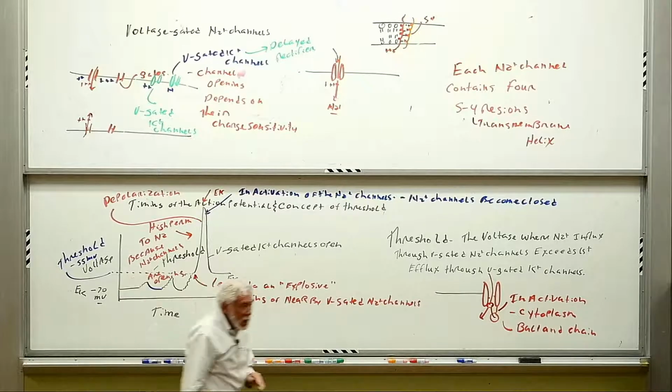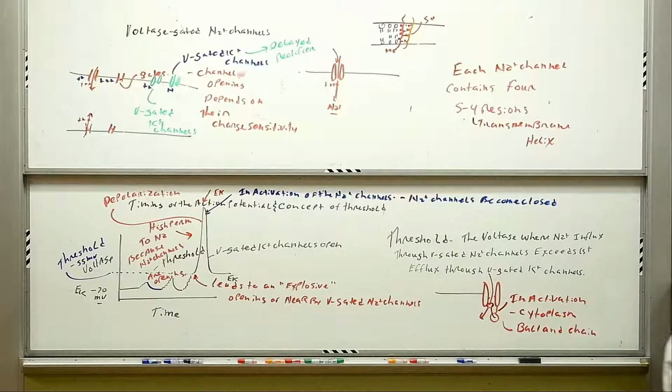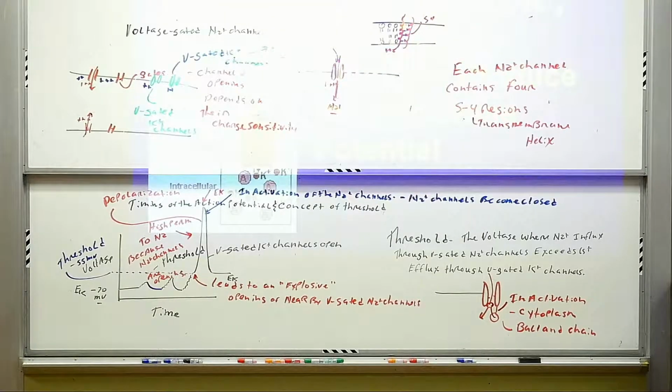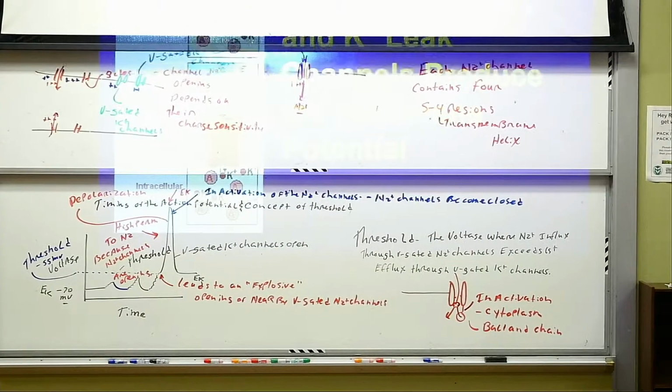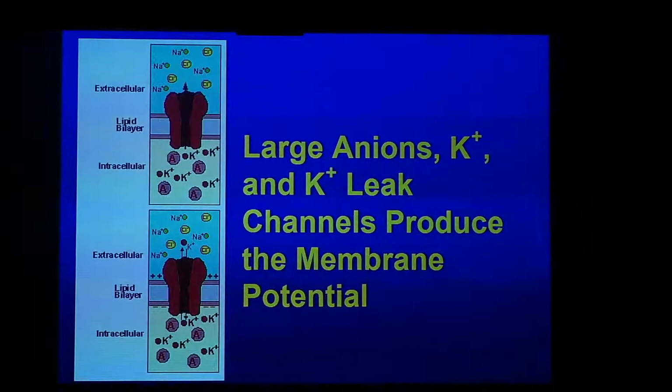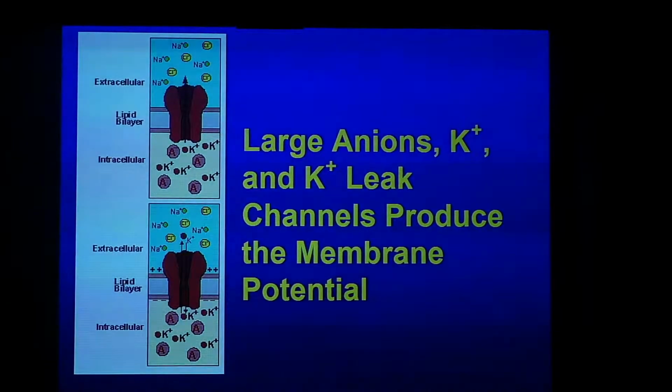Let's take a minute and look at some figures of these sort of stylized images of these channels. This first image is one in the ebook, and it describes how the distribution of charge across the membrane is generated with these large negative anions, so that the potassium ions flow down the concentration gradient until they reach an equilibrium with the large negative anions.